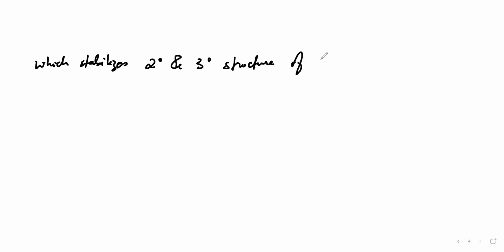Because of this 3D structure formation, it will stabilize the secondary as well as the tertiary structure of protein. But in order to get this stability, it will require some kind of binding or bond formation between them. So there are a few bonds which I'm going to write over here, which can give rise to a 3D structure.